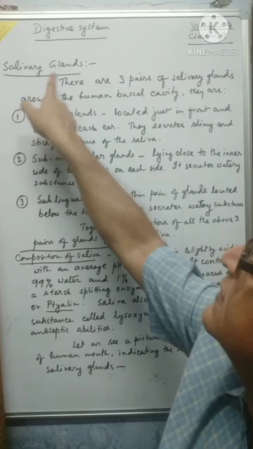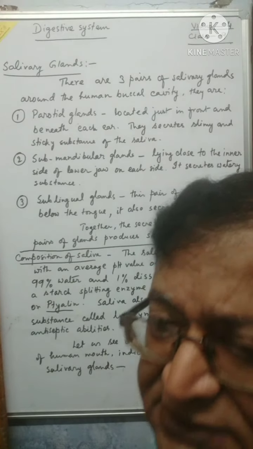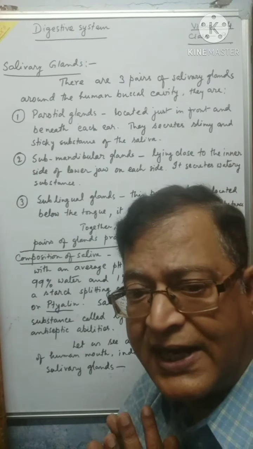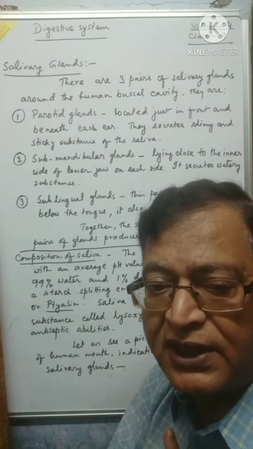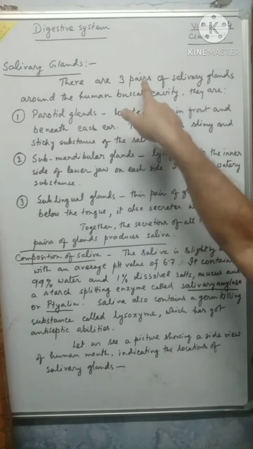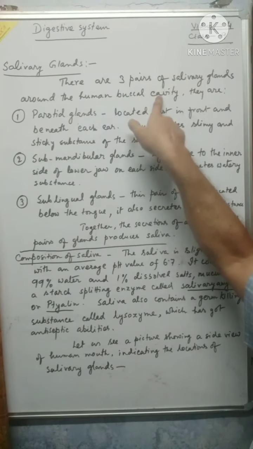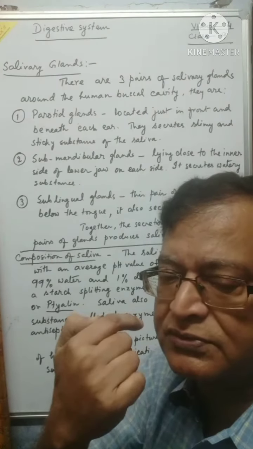There are three pairs of salivary glands: parotid glands, submandibular glands, and sublingual glands. They are located around the human buccal cavity, around the mouth.